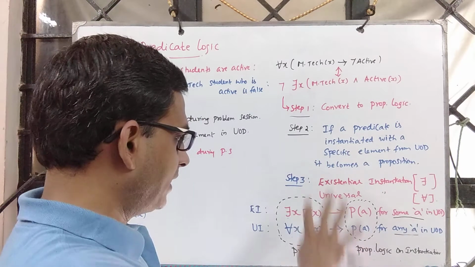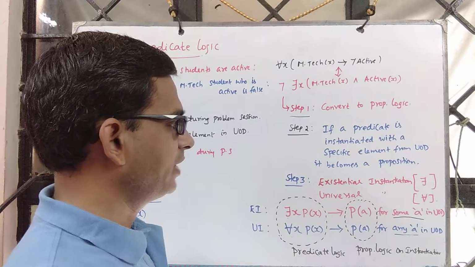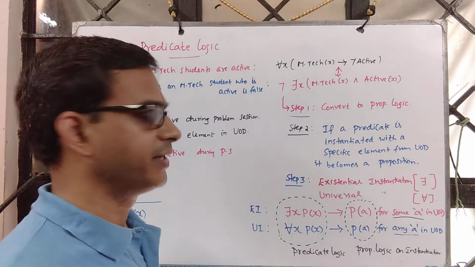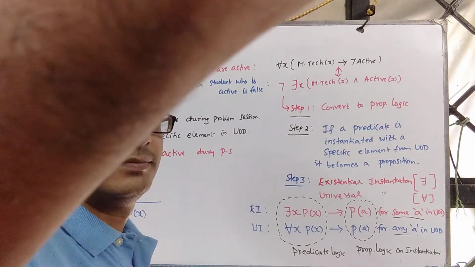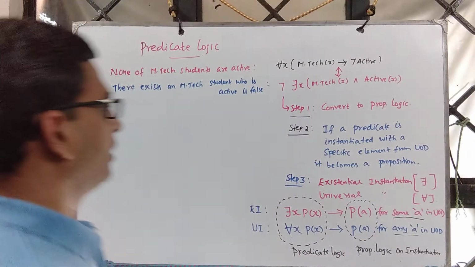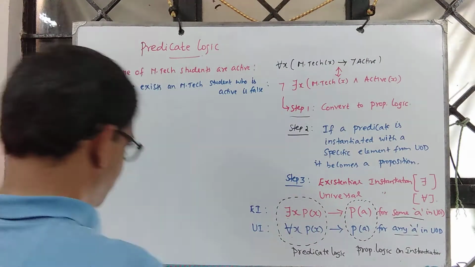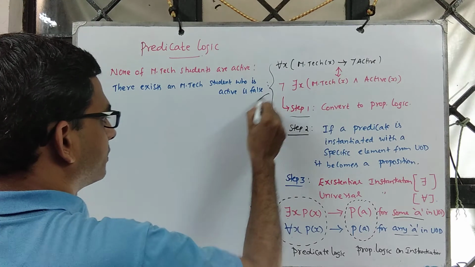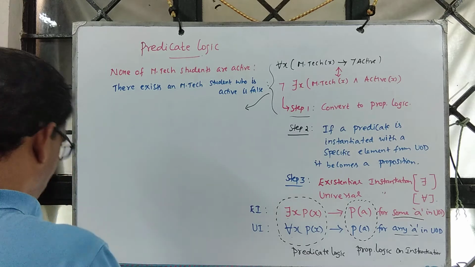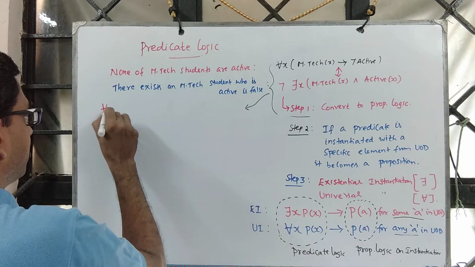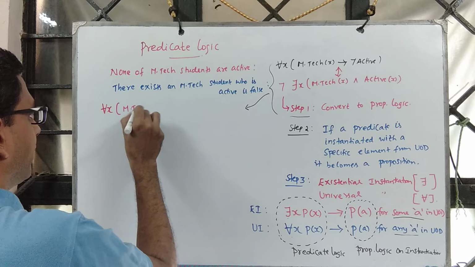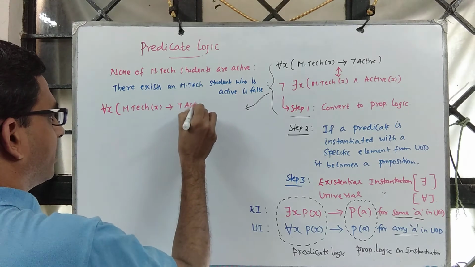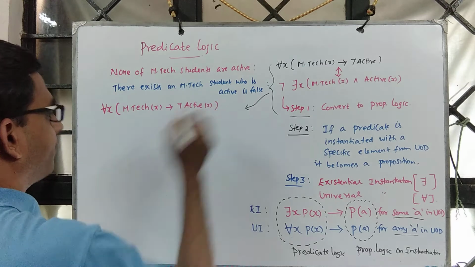Now that we have converted this into propositional logic, employ the propositional rules and start simplifying. Let's employ these steps for this. For all x, MTech of x implies negation of active of x.